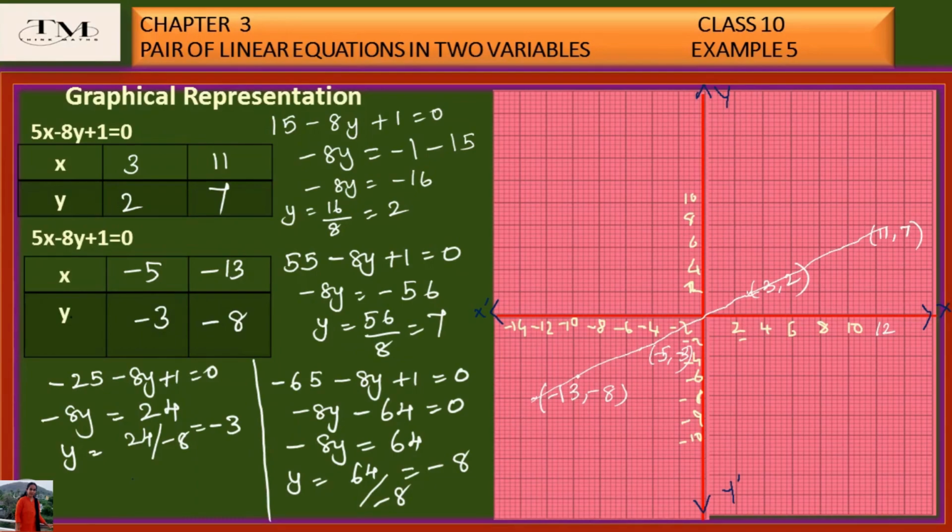The lines will meet at every point, so we will be having an infinite number of solutions. As both are the same equations, we will get coincident lines. If the lines are coincident, then we will get an infinite number of solutions. So the answer is infinite.